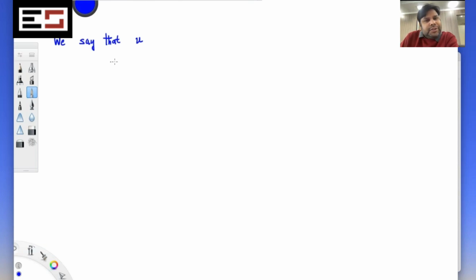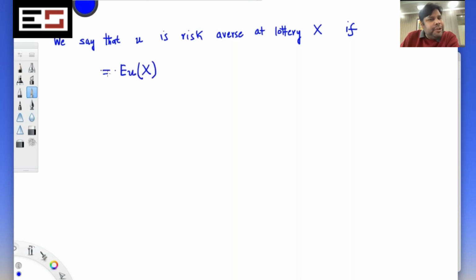We say that small u is risk averse at lottery X if the following holds: the expected utility of lottery X, which is basically your capital U of X, is less than the utility from the expected value of X. Is this fine?